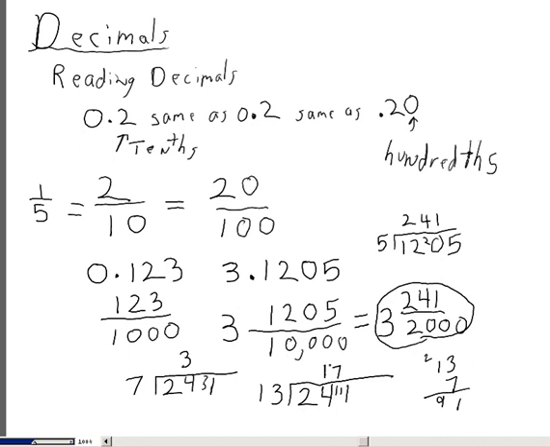So let me make that an 8. And if I add 11 to the 91, I would get 102. And it won't go any more than that, or sorry, I should be adding 13 to this because I'm checking 13 here. So 91 plus 13 is 104. Well, that's not going to do it. So my guess is that 241 is prime. But anyway, the answer to that problem is 3 and 241 2,000ths.